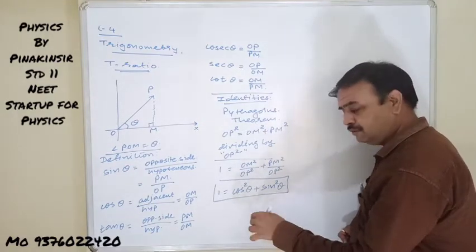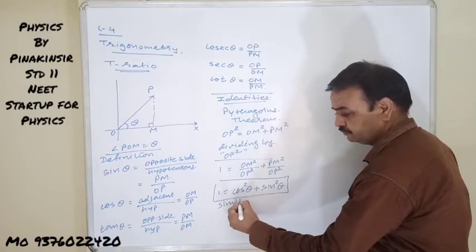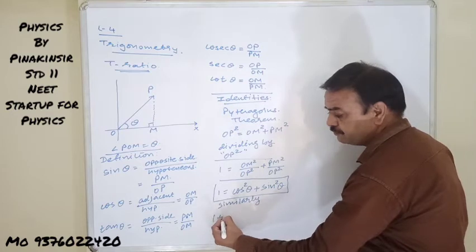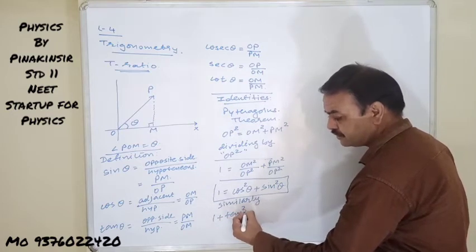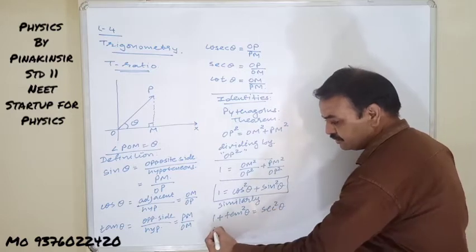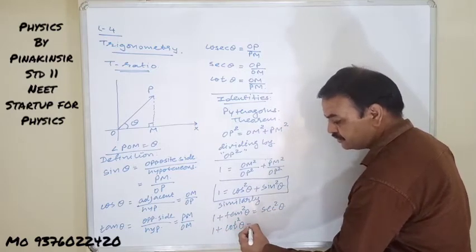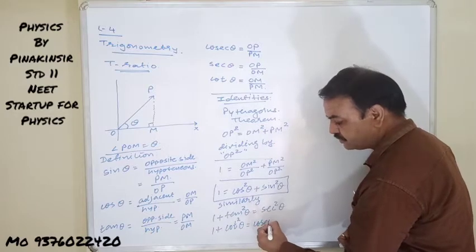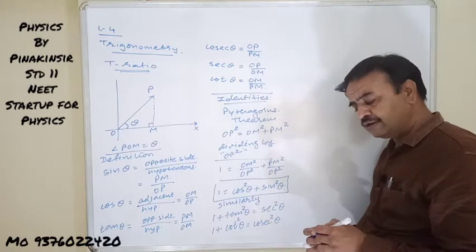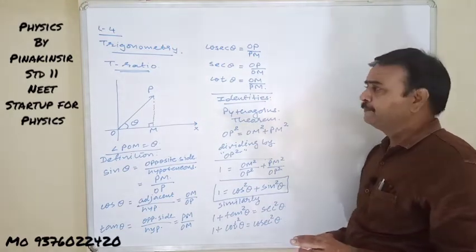Same way we can easily prove 1 plus tan square theta is equal to sec square theta, and 1 plus cot square theta is equal to cosec square theta. These three identities are very useful in so many numericals.